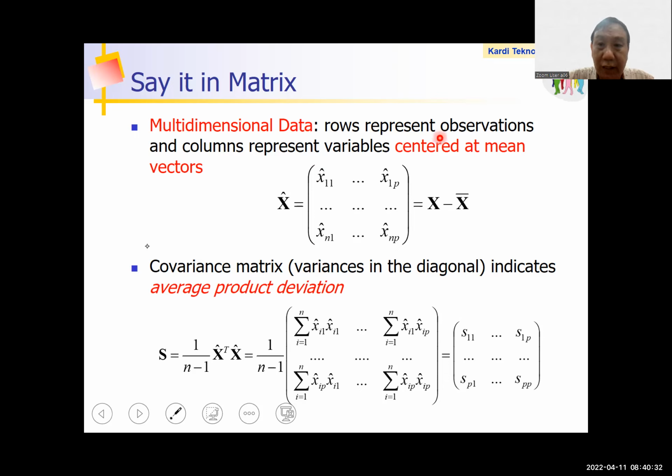You get the centered data, and then you can calculate the covariance simply by transposing the centered data and multiplying by itself. Then you scale it with the number of data.